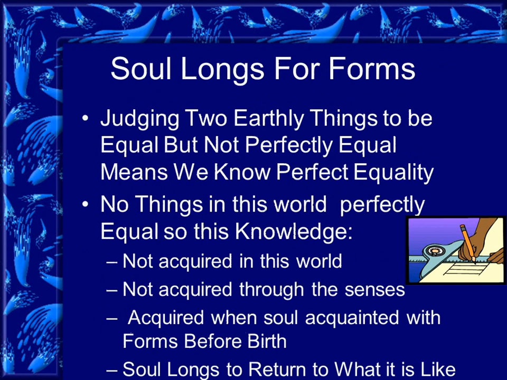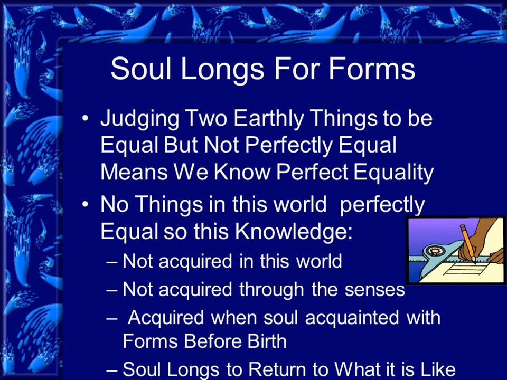So for Plato, and I told you the thing about Socrates' judgment, that we had to know perfect equality in order to judge that two things are equal but not perfectly equal. So he says we knew perfect equality, our soul knew it when it was absent the body.